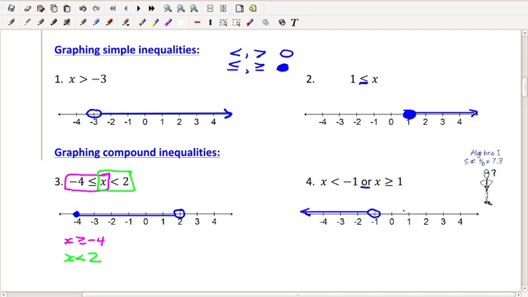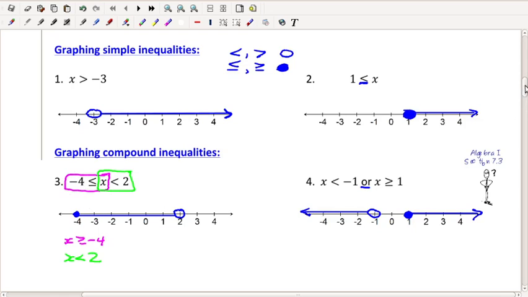Or greater than or equal to 1, so I'm going to put a dot at 1. And greater than is to the right. So both of these, any number that's either in this section or this section, is part of my solution. So or usually has two sections of solution, and the compound inequality that doesn't have or is the part in between.